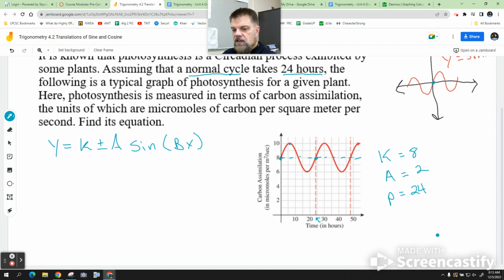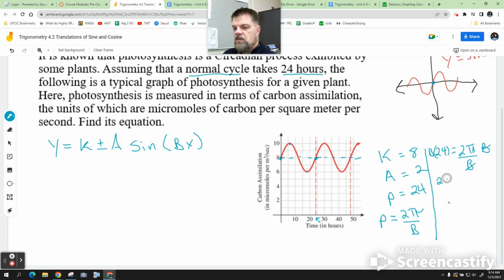Well, the period is equal to 2 pi over b, and we know that that's equal to 24. So I'm going to draw a little line here because we're going to do some math here. So then 24 is equal to 2 pi over b. I'm going to have to multiply both sides by b to get the b out of the denominator here.